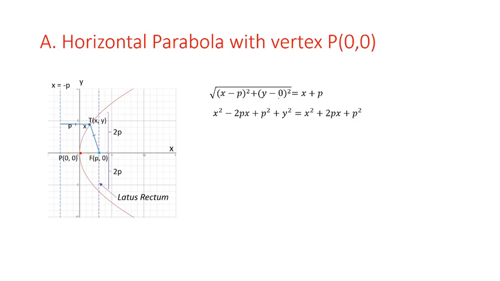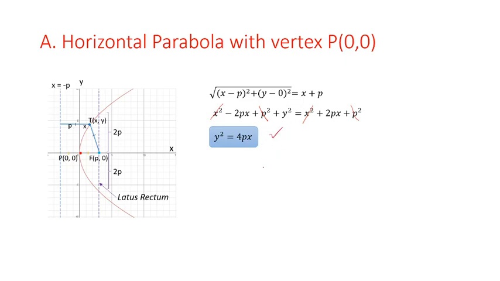Then we can cancel some terms out. First, we can cancel x squared and x squared. And then we can also cancel p squared and p squared. So what we have left is y squared, which equals 4px. So this is the simplest equation for the parabola which is horizontal and whose vertex is 0, 0.